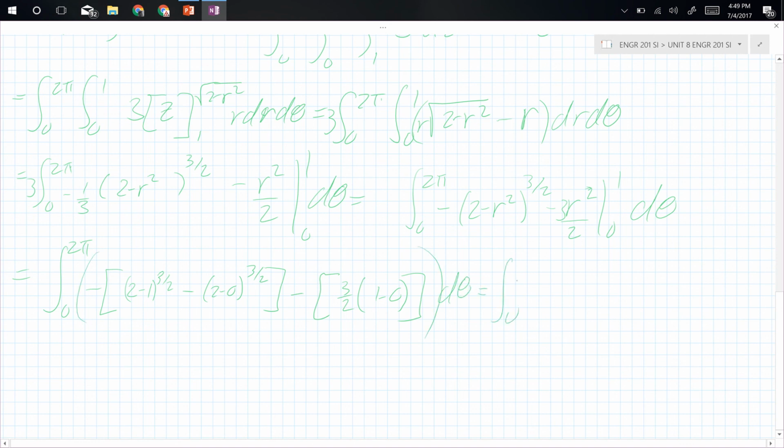So then this will equal, from 0 to 2 pi, this would be 1 to 3/2 minus 2 to 3/2. That would be negative, so we'll have a negative 1 plus 2 square root of 2 minus 3/2, d theta.